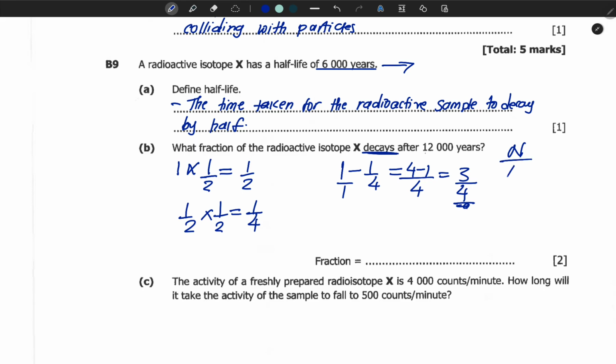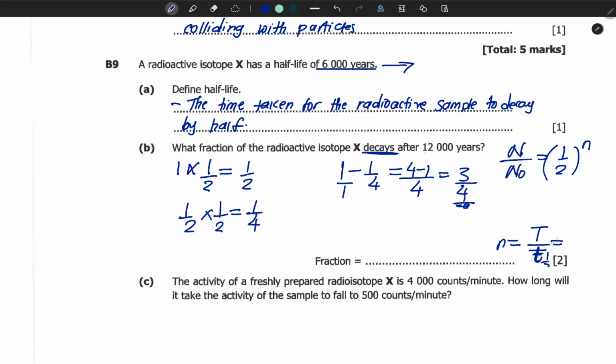If you want, you can also use this formula: N over N initial is equal to half to the power of the number of half-lives, which is small n. Now to find small n, you can say n is equal to time taken over half-life, so this should be small letter t.